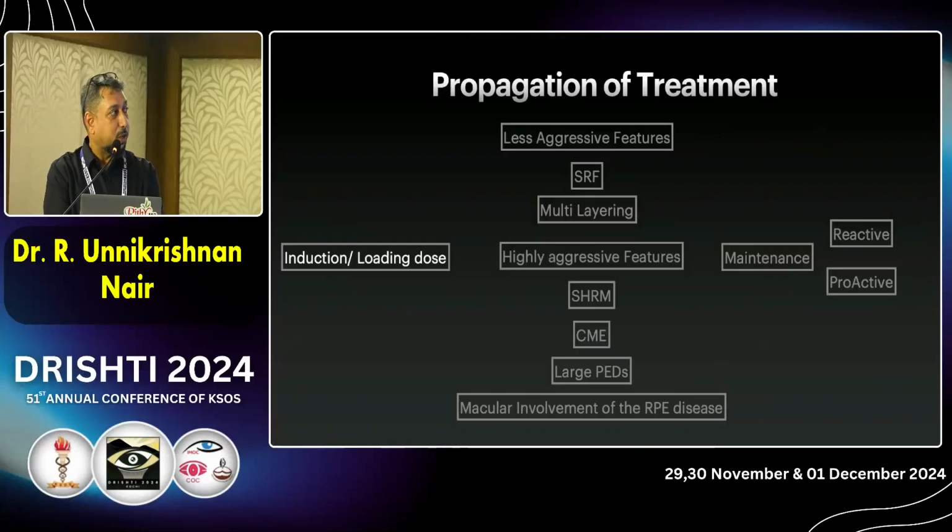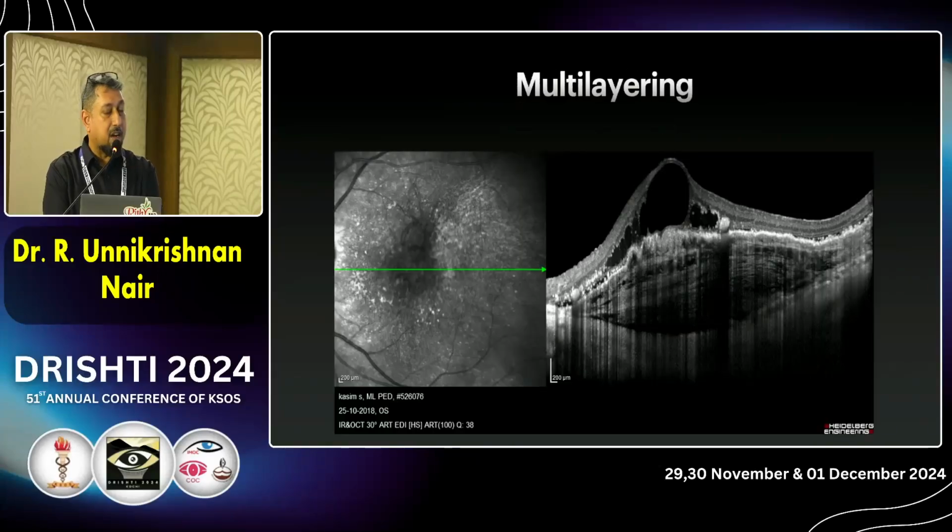So once you start treatment, you're thinking about the next step, how to continue treatment, that is propagation. And therein you have to describe the less aggressive features and the highly aggressive features. The less aggressive feature is called multi-layering, where underneath the fibrovascular PED you see layers. Why is it called less aggressive?